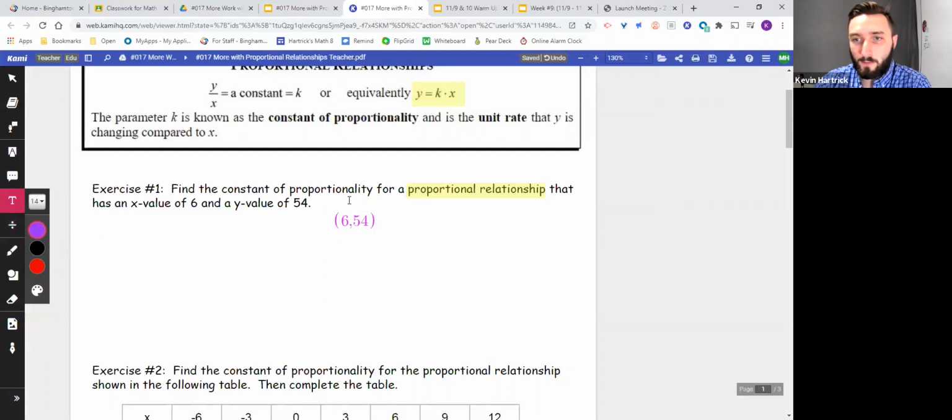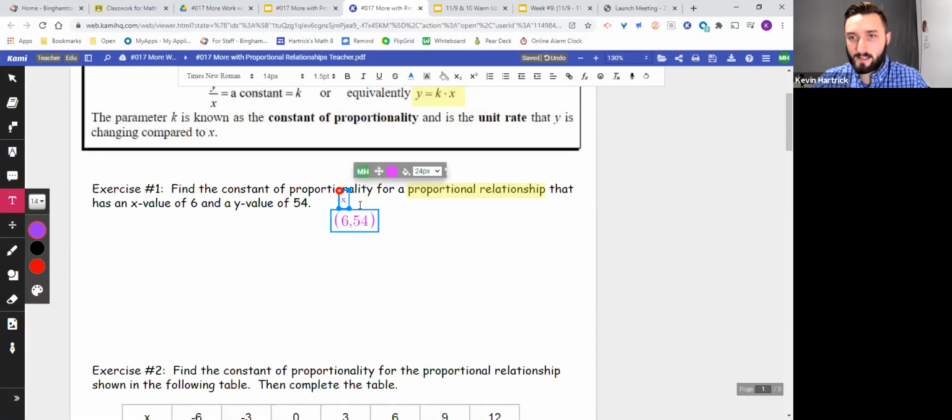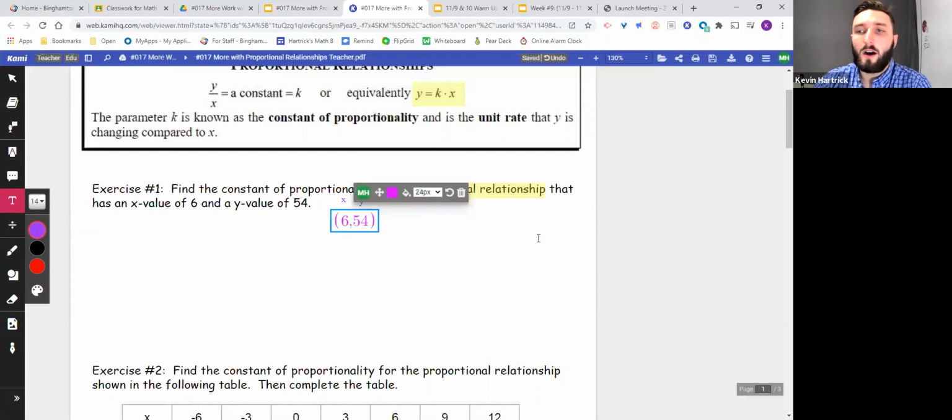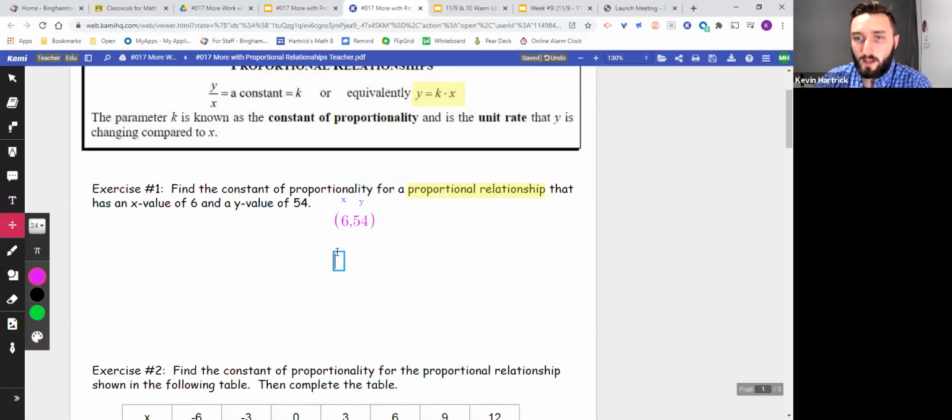I can remind myself that this is the x and this is the y, because this is important when we start putting it into our equation, right? So our equation is y equals kx, and now I'm just going to substitute in what my x value is, what my y value is, simplify this, and I will determine what k is.